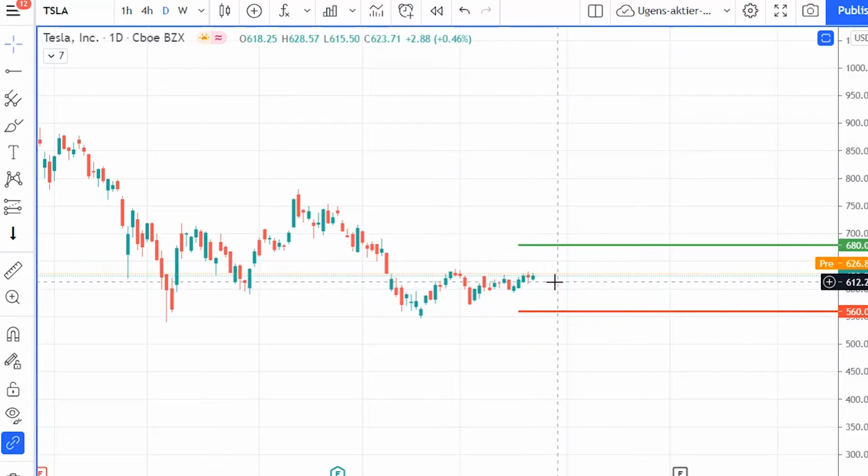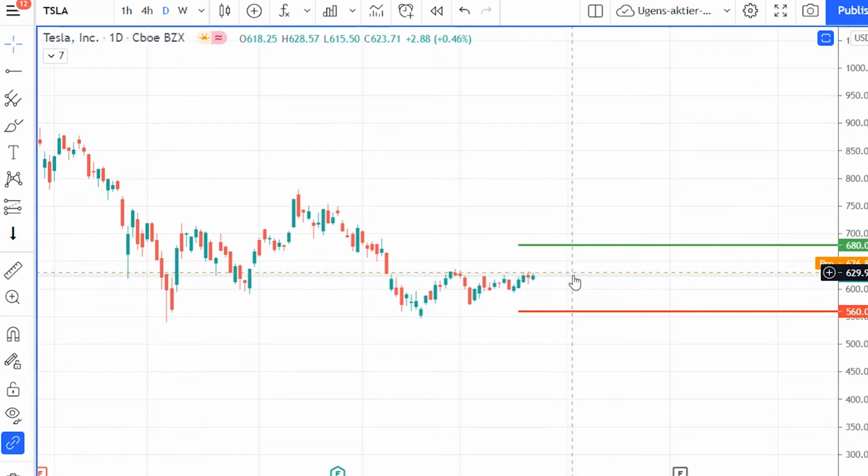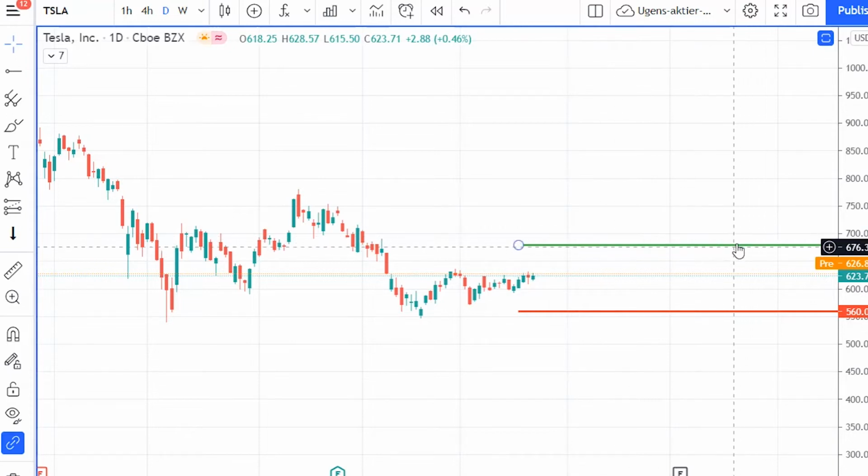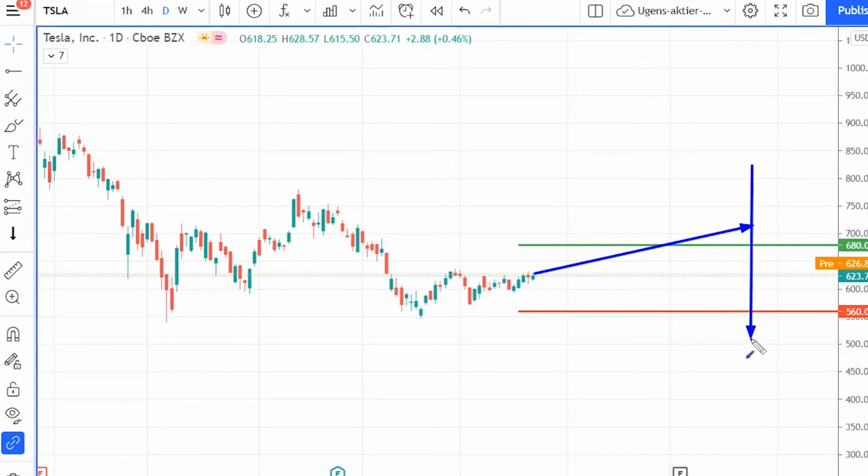So let's say that the price of Tesla is right now 625-ish here. And I'm buying a call option on Tesla at what is called a strike price of 680. That is the green line here, around 2 months out in time. What I'm doing here is that I am speculating. I'm hoping that Tesla will go up in price.